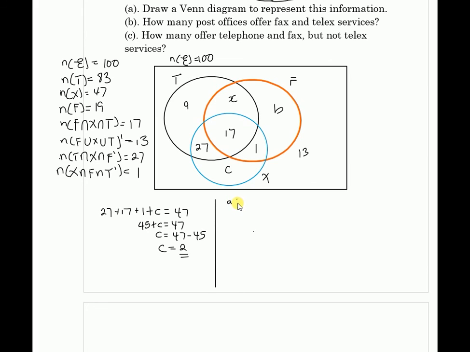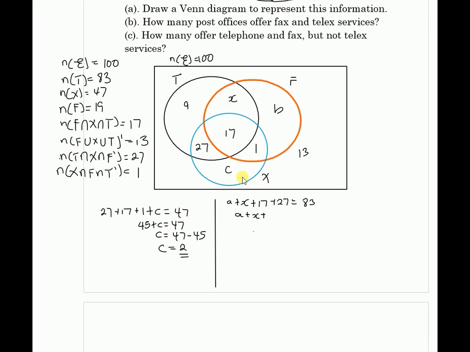So we have that A plus X plus 17 plus 27 is equal to 83. I'm putting 24 there, sorry, this one is 27.